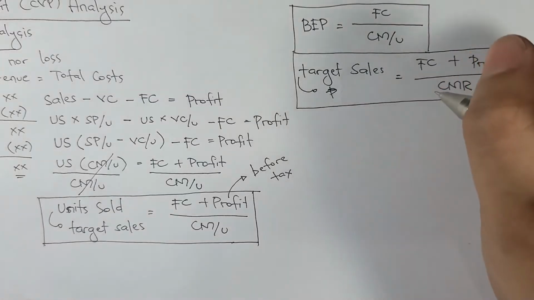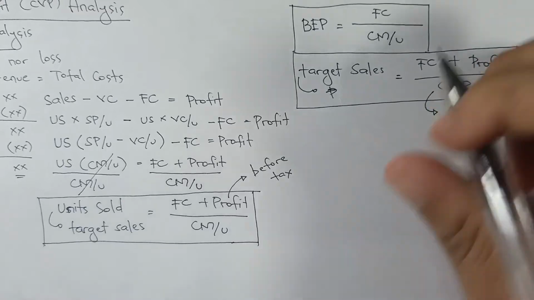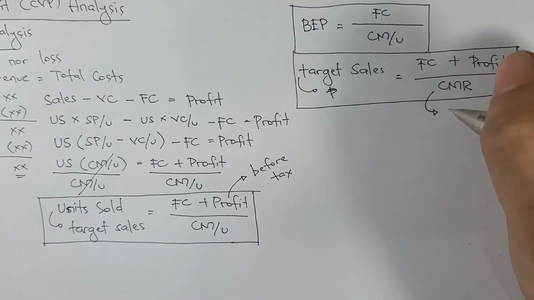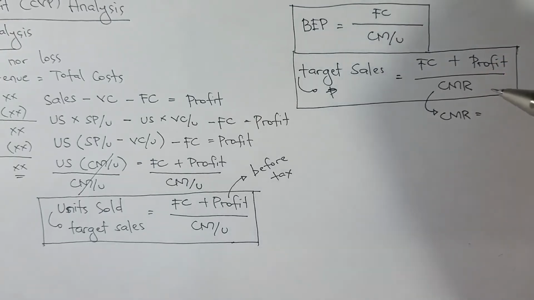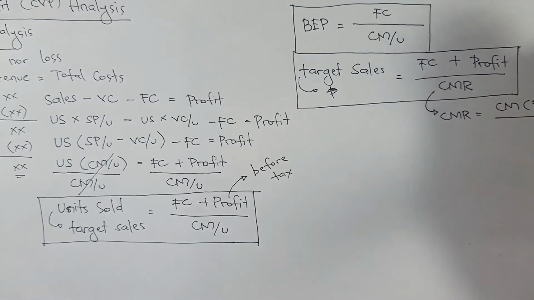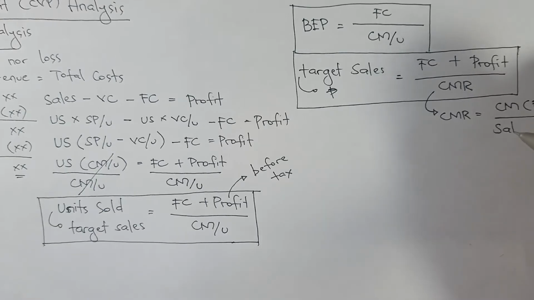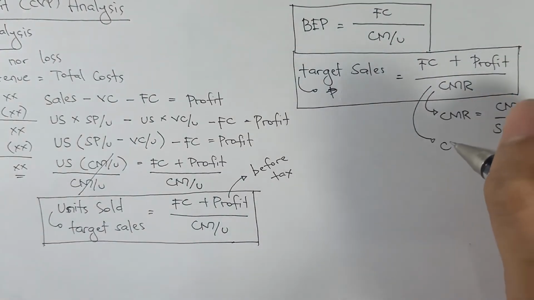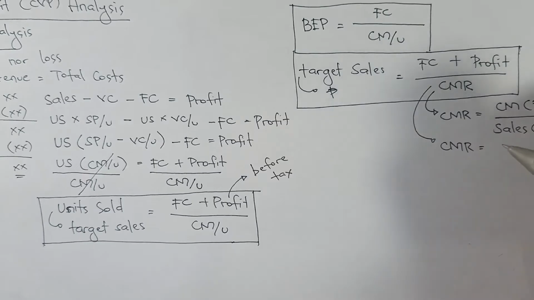Very good? So, let's talk about the contribution margin ratio. Kapag sinabi natin contribution margin ratio, CMR, marami ang computation, alright? May be equal to the contribution margin in terms of peso amount divided by the sales, of course, in terms of peso amount as well. Pwede rin naman na contribution margin ratio is actually equal to the contribution margin per unit divided by the selling price per unit.